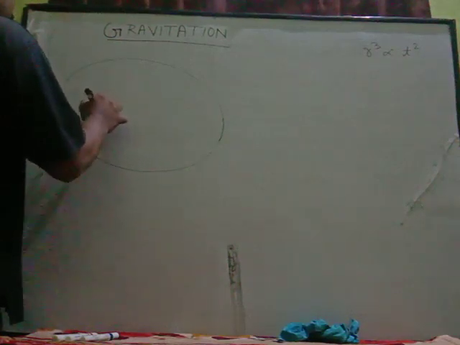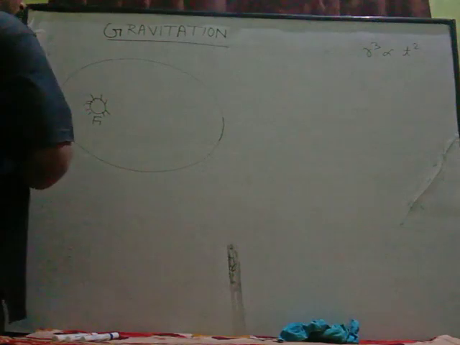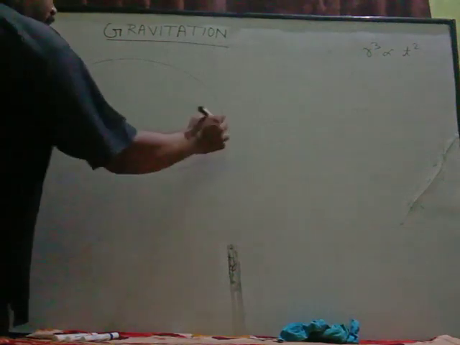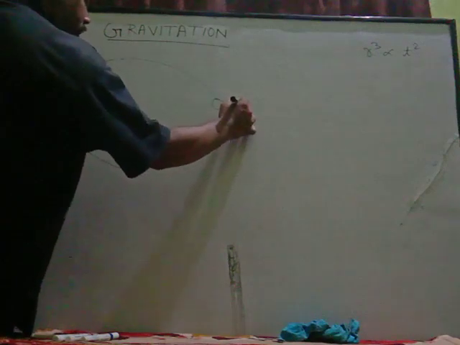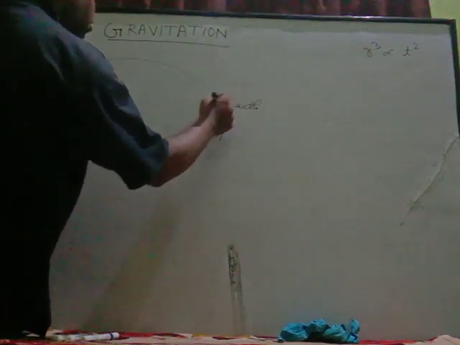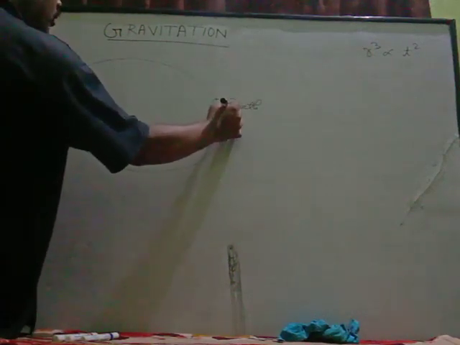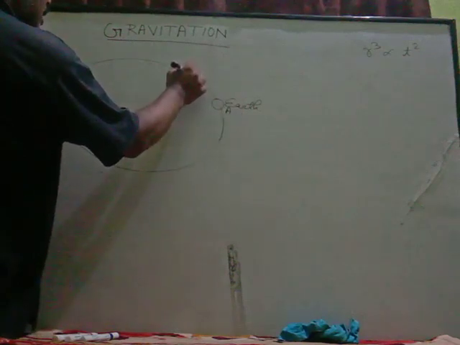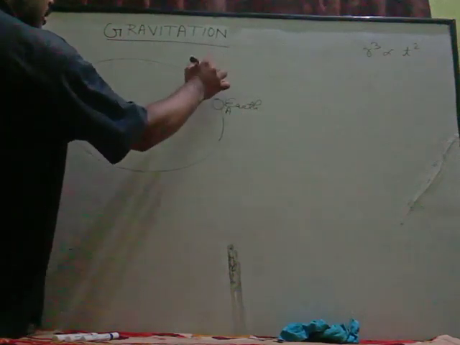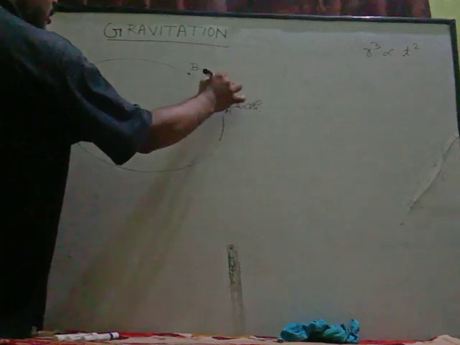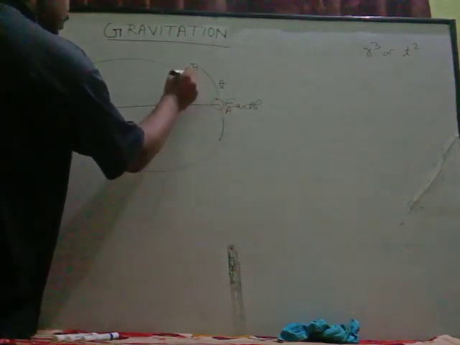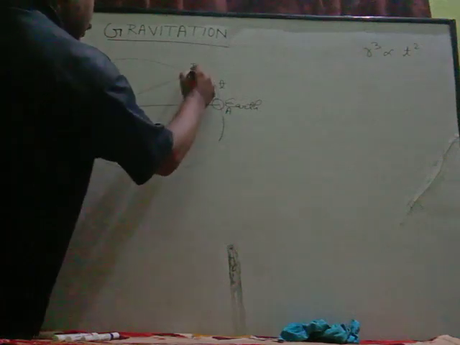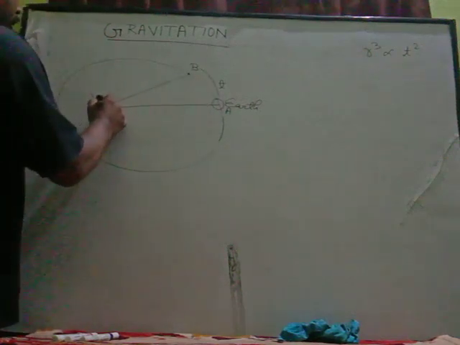Here it is the sun. And suppose the earth is here moving. Earth. Suppose now it is at A and here now it is at B in the time interval of T. So this is the area swept.